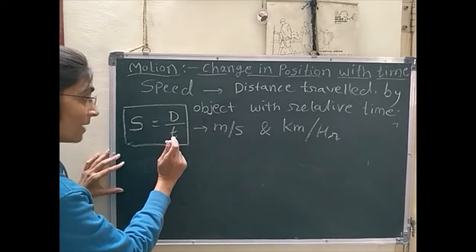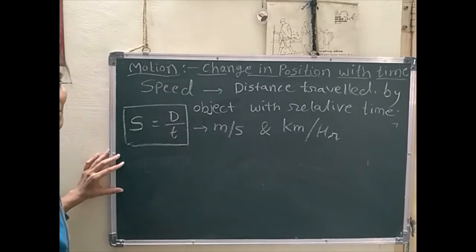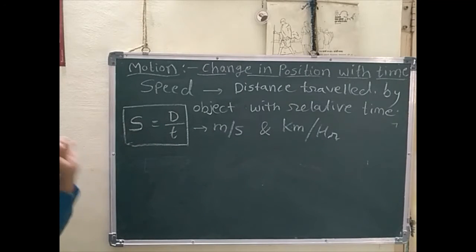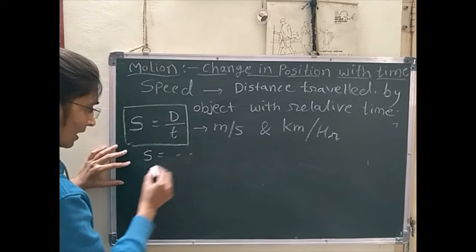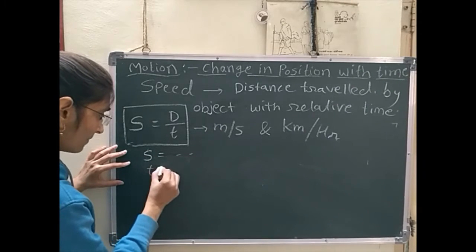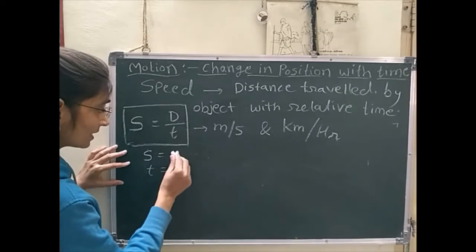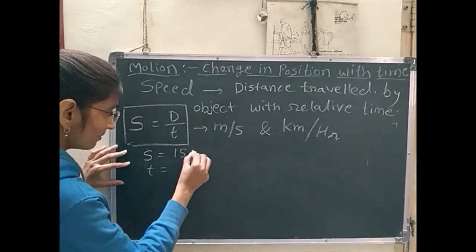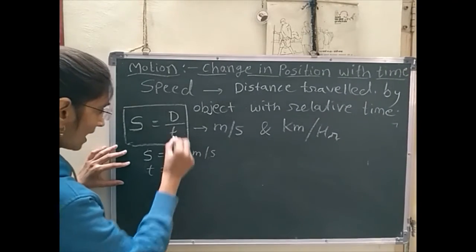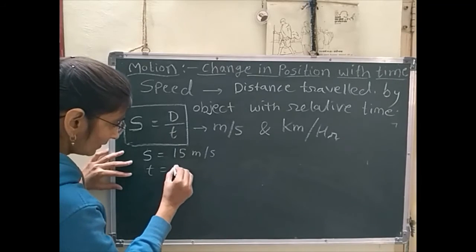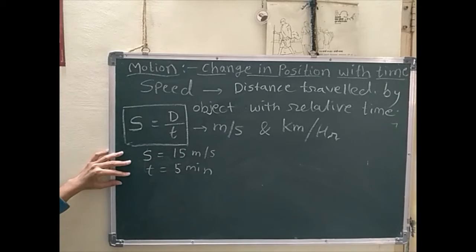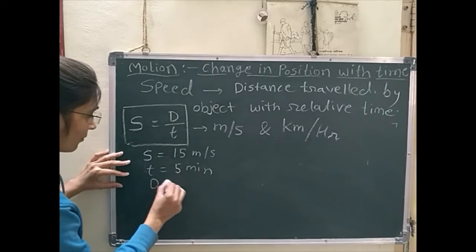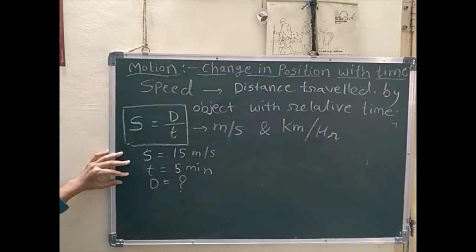And if time is given and we have to take out distance, then what do we have to do? That we will discuss here. Suppose speed is given as 15 meter per second and time is given as 5 seconds. Then what will be the distance?